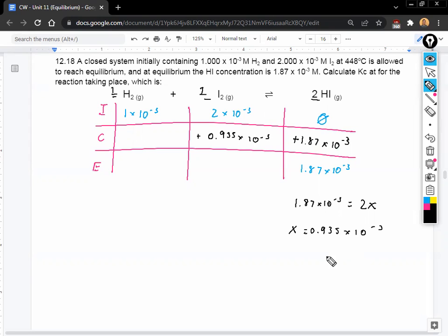Again, if you got 0.12935, that's fine as well for both of these. I'm keeping it negative 3 so that the math here is a little bit easier to work with. But for your equilibrium values, you should have gone 0.065 times 10 to the negative 3 and 1.065 times 10 to the negative 3. Yeah, what's up?